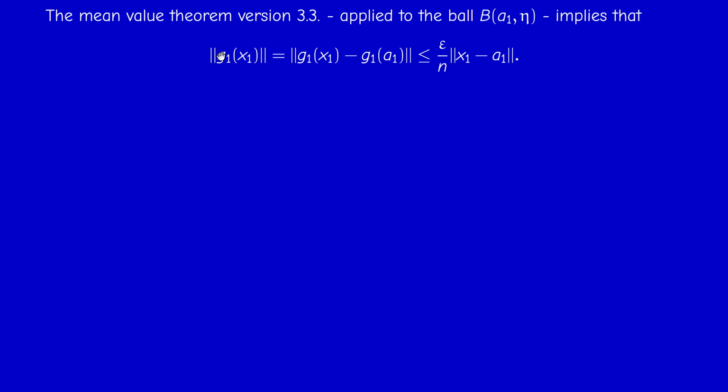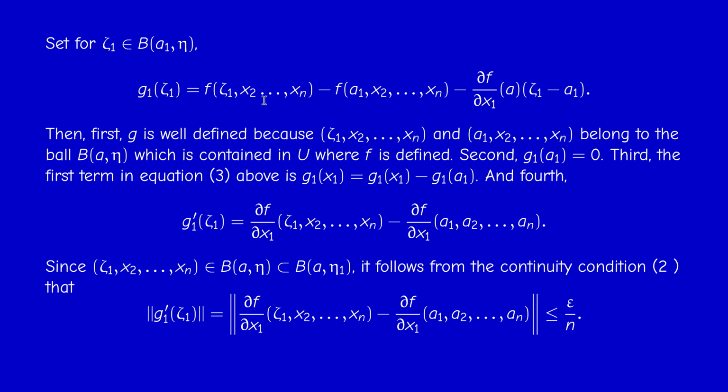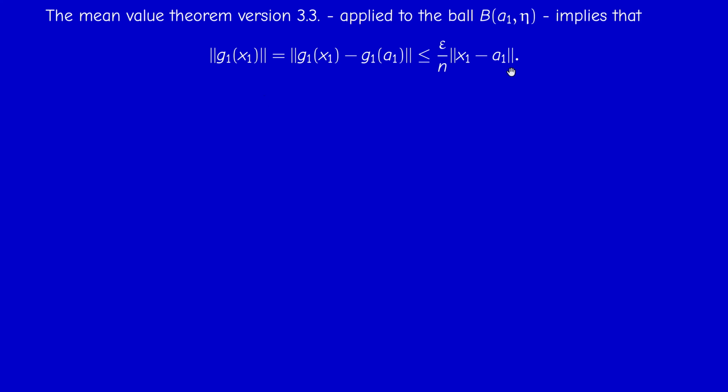So the first line in equation 3 is less than epsilon over n times the distance between x1 and a1.